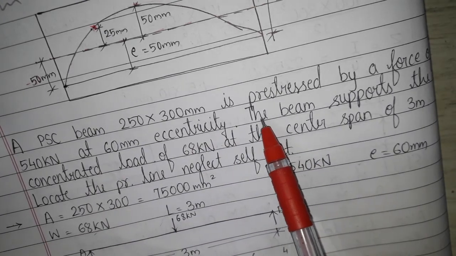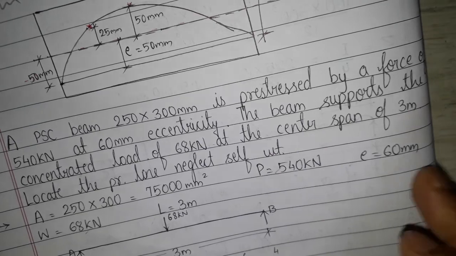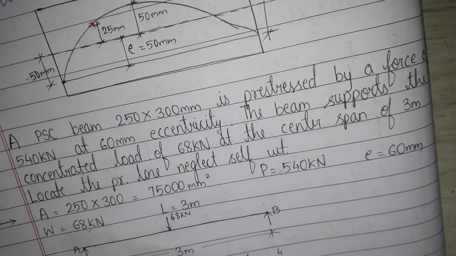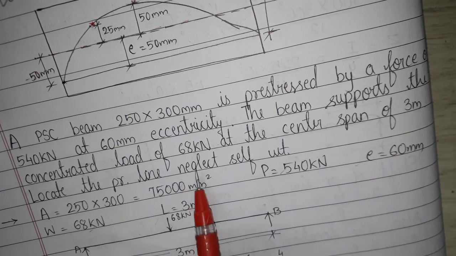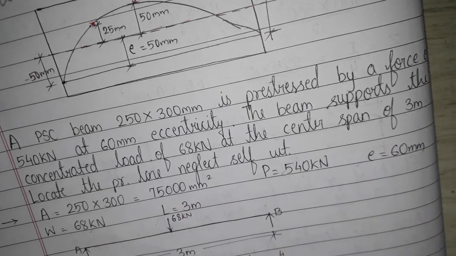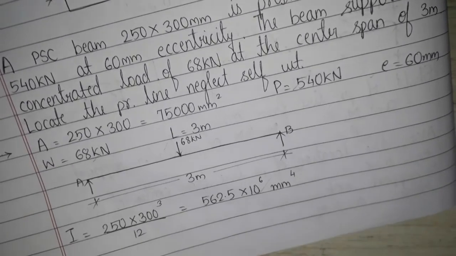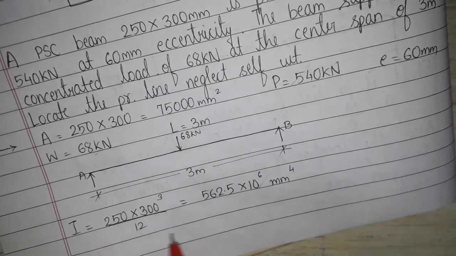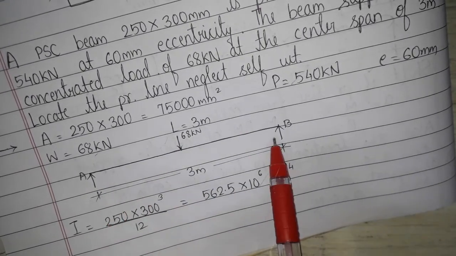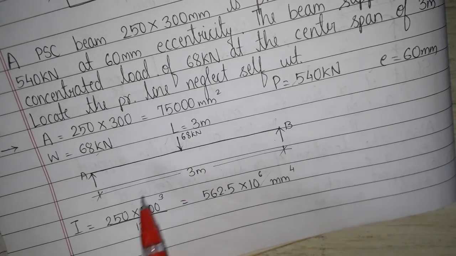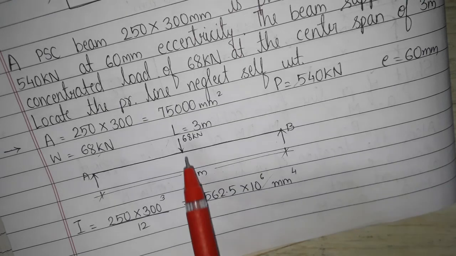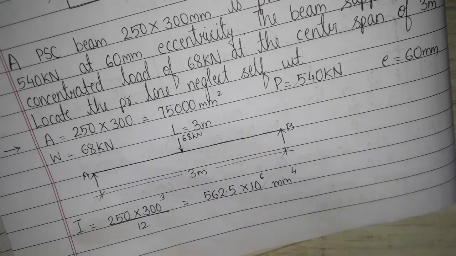The beam supports a concentrated load of 68 kilonewton at the center of a span of 3 meter. Locate the pressure line, neglect self weight. So according to the given data, this is the loading diagram: a 3 meter span, and the beam is loaded with a concentrated force at mid span of 68 kilonewton.